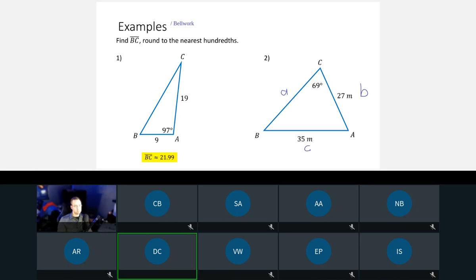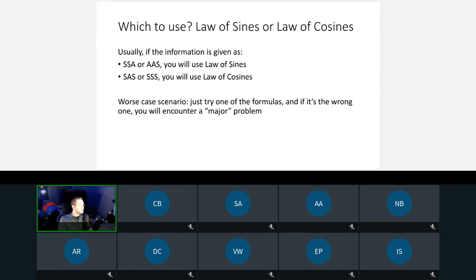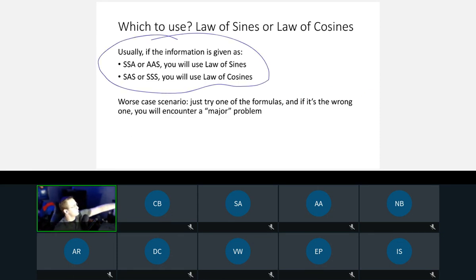And so how do we know which one to use? You could use these general rules right here. So generally speaking, that would be true, but not always.